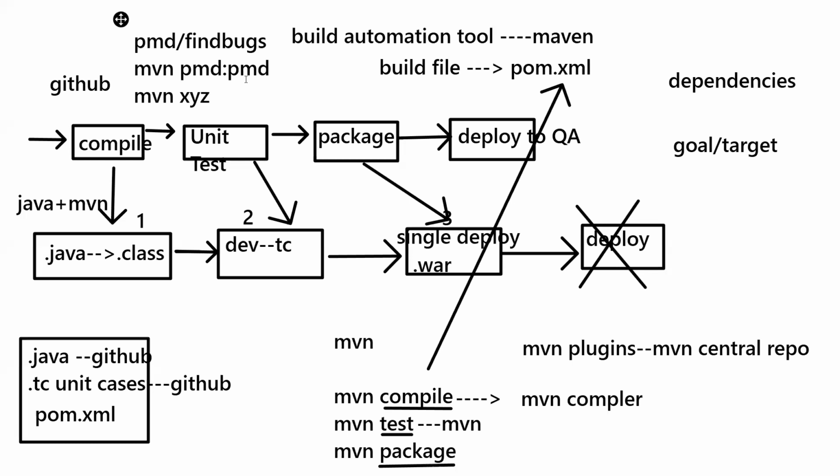That plugin information will be present in the POM file. Okay, whenever you run a Maven command, that command will go to the POM file. It will get the plugin information. It will download the plugin dependencies from the Maven central repository and execute the task. The only concern for you is the goal or target. That depends on the plugin they have chosen and configured. So they will provide us with the goals.